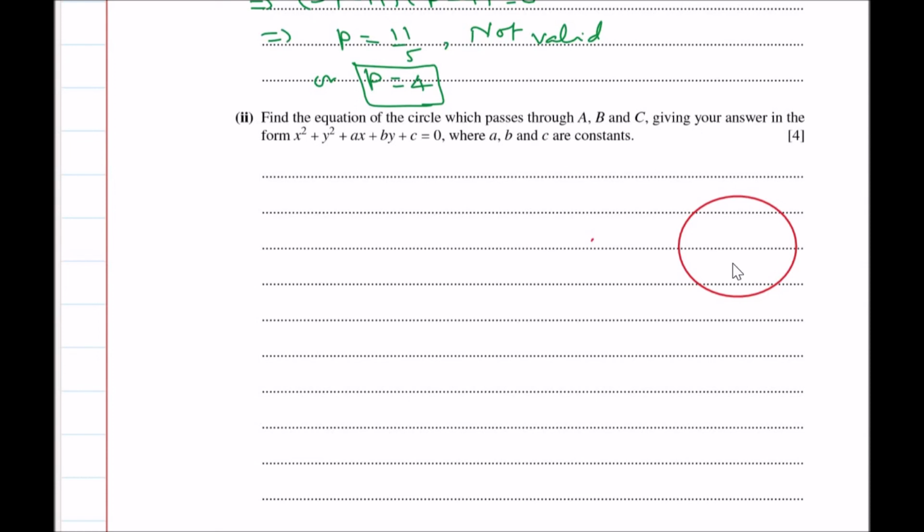What does it mean? Let me show you in the diagram. We have A, B, C in the semicircle because it says AC and BC are perpendicular.